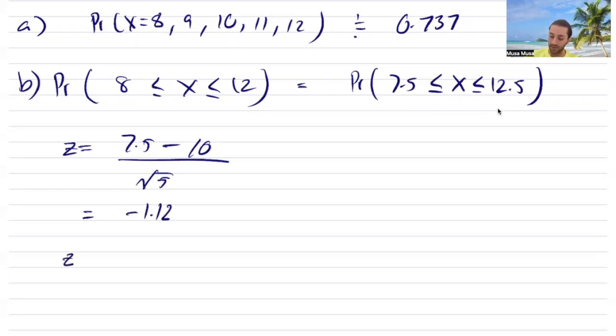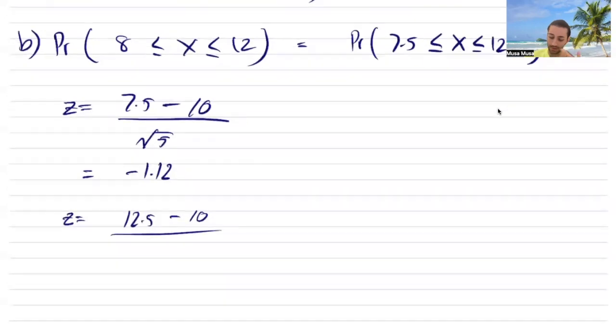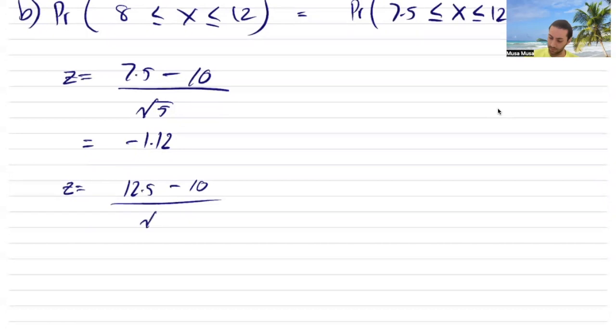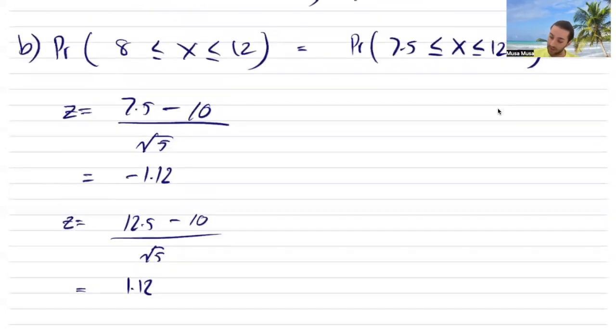And then the other one, when X equals 12.5, oh wait, they're going to be the same thing, aren't they? So now this is the same as saying the probability that Z is between minus 1.12 and 1.12.